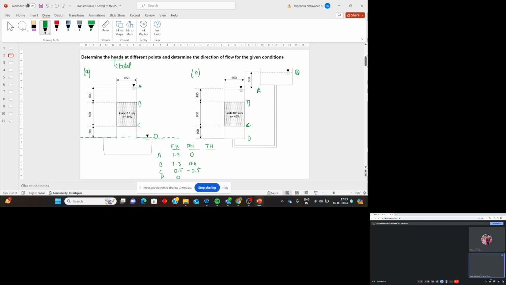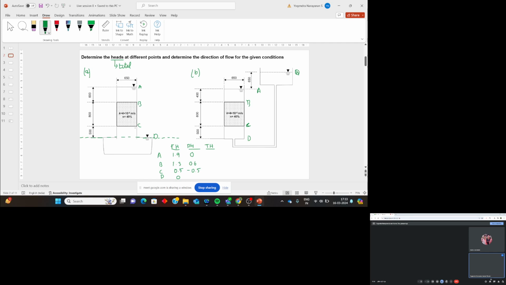Here, these 2 points, you can directly mention the pressure head by measuring the water column, right? When you place a piezometer here, this point is exposed to atmosphere, right?